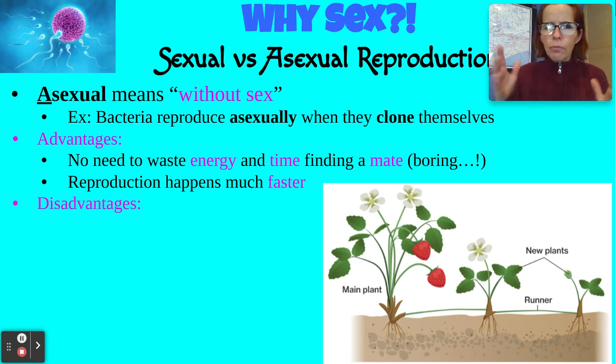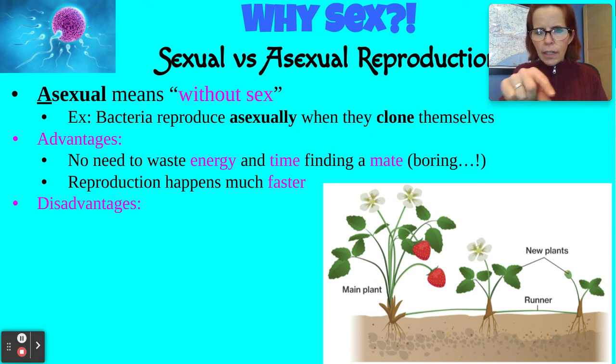I want you to realize, though, that there are many organisms beyond just bacteria that can reproduce asexually. Strawberries, for example, have the ability to release a runner, and there are many plants and trees that can do this. It looks like a stem that's growing along the ground, and then that stem can grow roots, and a new plant can grow from it, and that plant is a clone of the original parent plant. Now, the parent plant also has flowers.